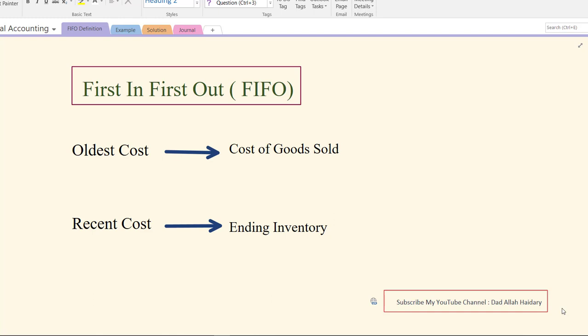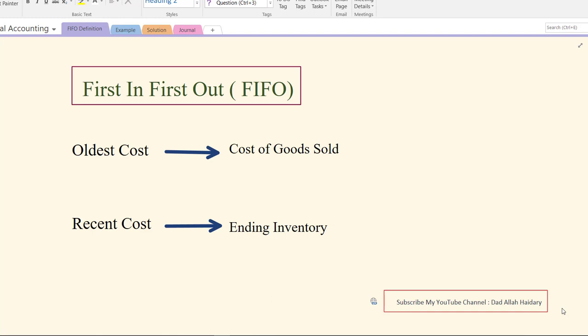So simply, students, in the first in, first out method, those inventories which we purchased earlier, the oldest inventories, or those with the oldest cost, are going to be part of the cost of goods sold. And those inventories which are purchased recently, the newest inventory, are going to remain as the ending inventory in the business or organization.